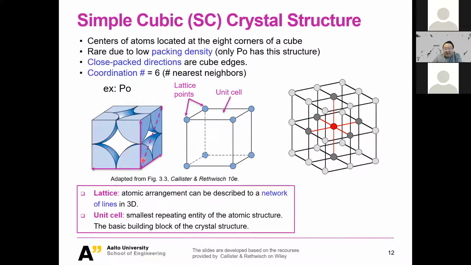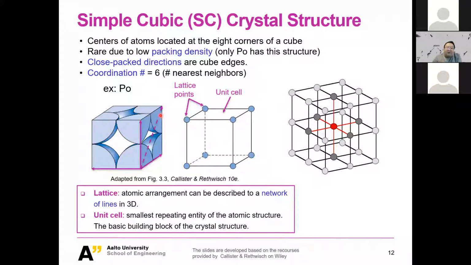If you want to get this number clearly, you need to know the close pack directions. Because the close pack directions are these edges, you easily arrive at 6. So you have 4 in the same plane, 1 up and 1 down. And this one, for example, is not your nearest neighbor, so it isn't taken into account when you calculate the coordination number.